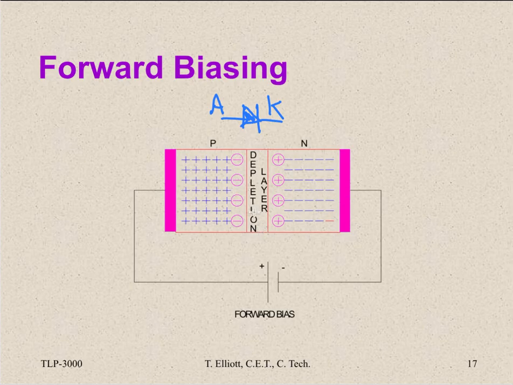This depletion region is the barrier between them, and for a normal silicon diode, when it's forward biased, we have a nominal 0.7 volts across the depletion region, which means this is ideally 0.7. More details in another video.